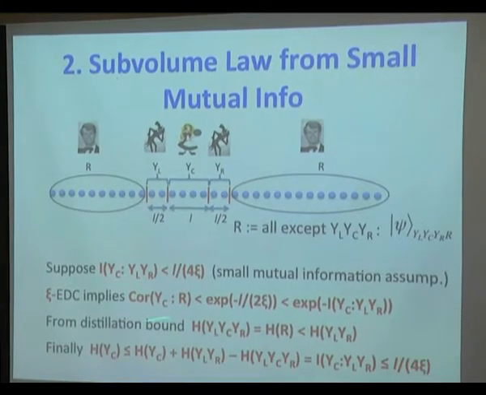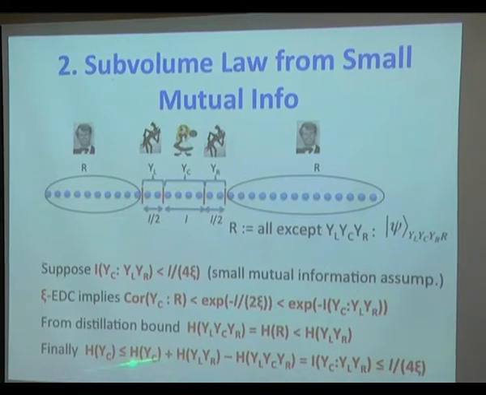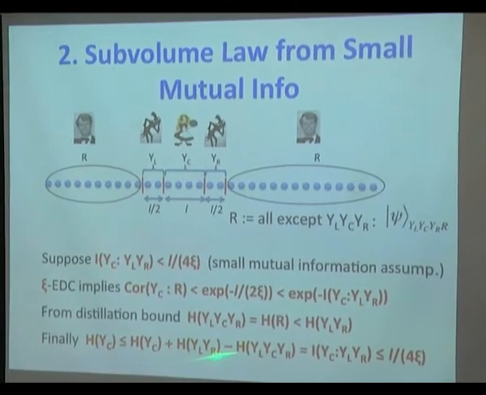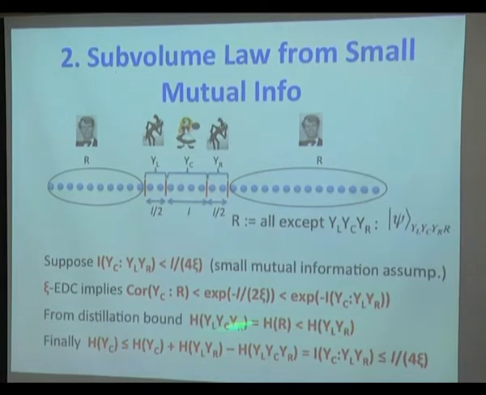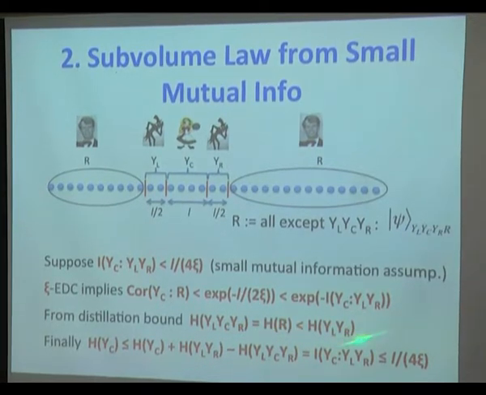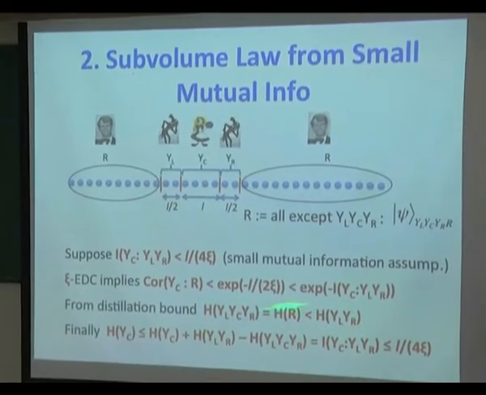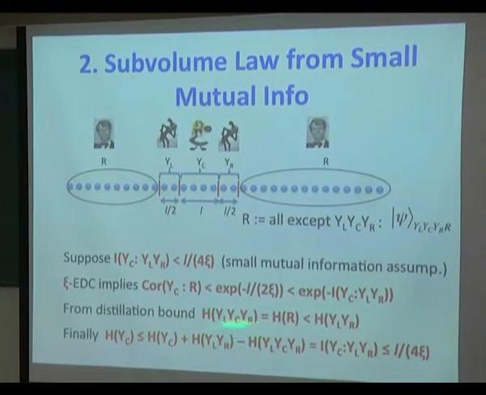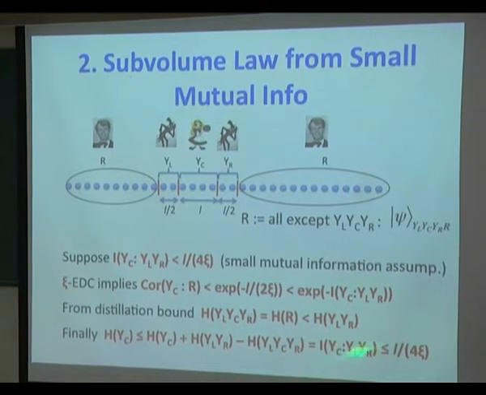Because let's see. So entropy of YC, which is what we care about, is always smaller than entropy of YC plus some positive term. Why is this term positive? Because we just proved it, right? We just proved that entropy of Y left, Y right minus entropy of Y left, Y center, Y right is bigger than 0. Okay, so we just add this positive term. But what's this? This is just the mutual information, right, of Y central with Y left and Y right.